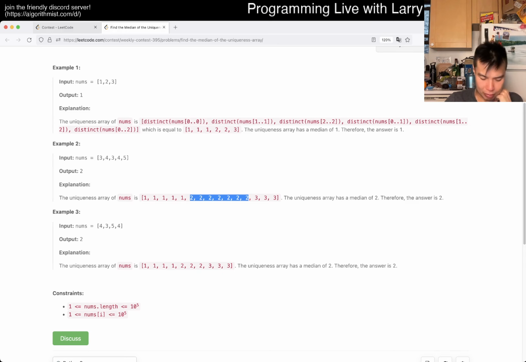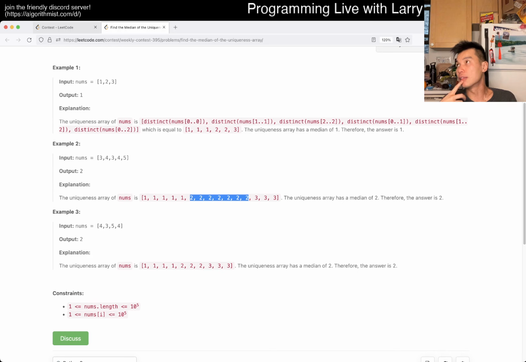If you have enough unique numbers, I think that actually gets bigger, right? So it's n, and n choose 2 is n times n minus 1 over 2.